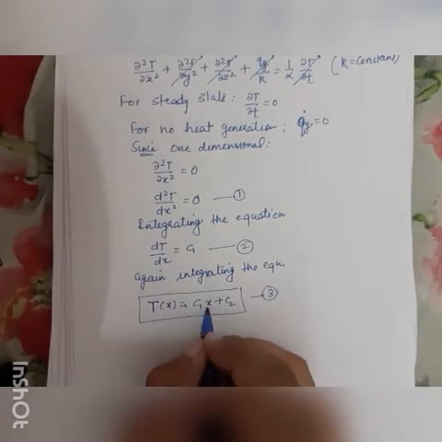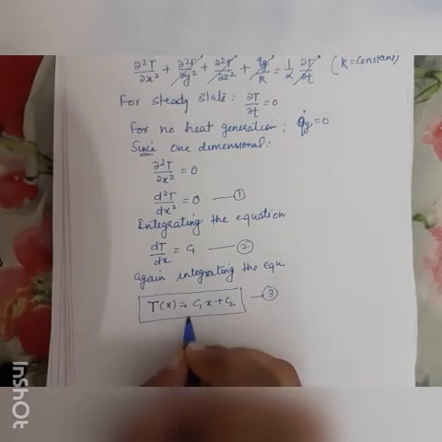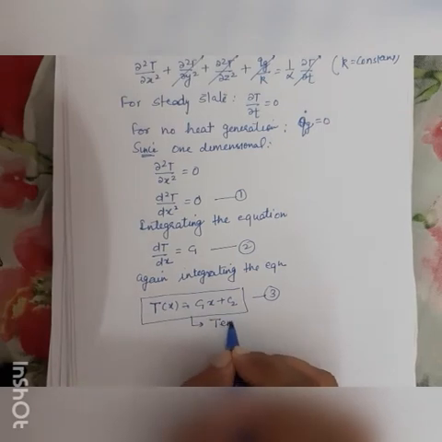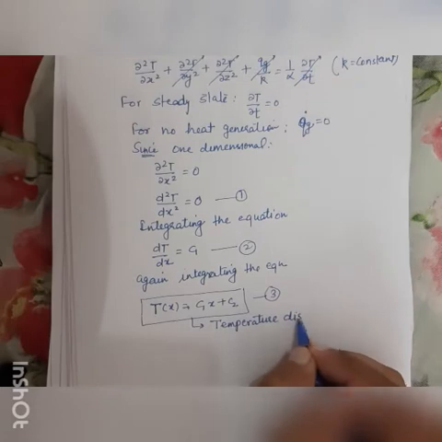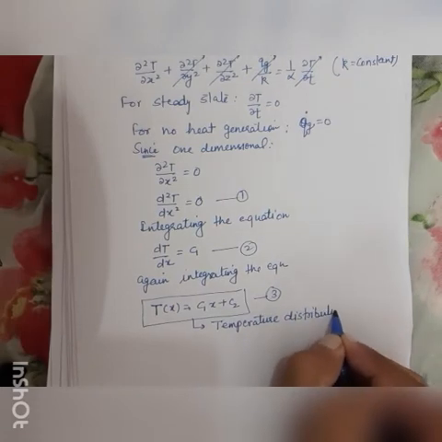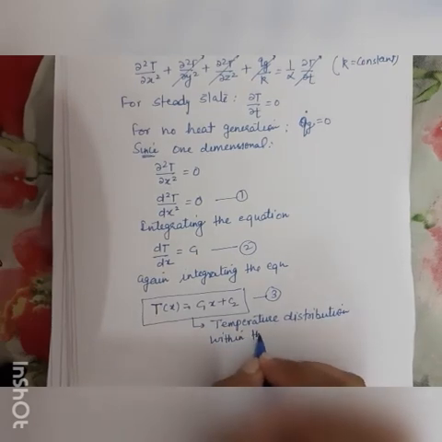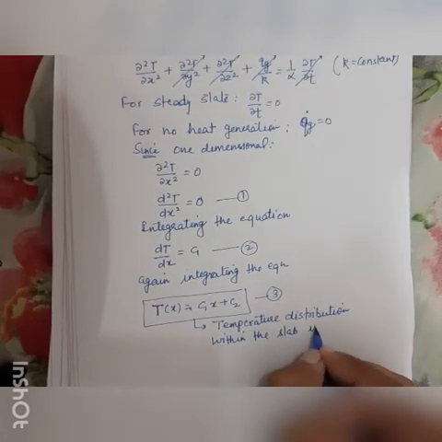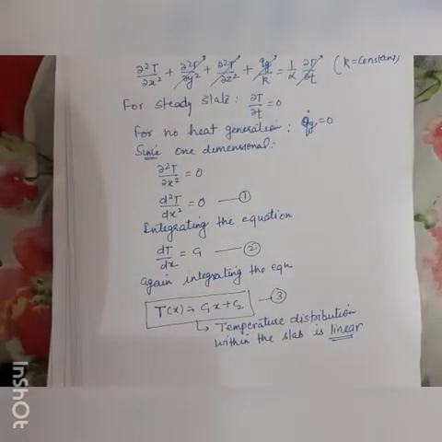Since temperature is a function of x raised to the power 1, this equation indicates that the temperature distribution within the slab is linear, or the temperature is varying in linear form.